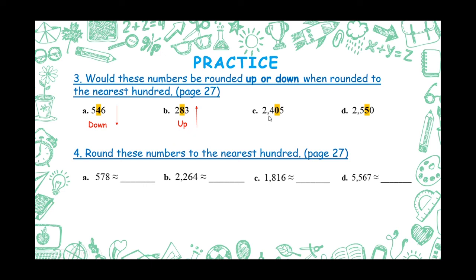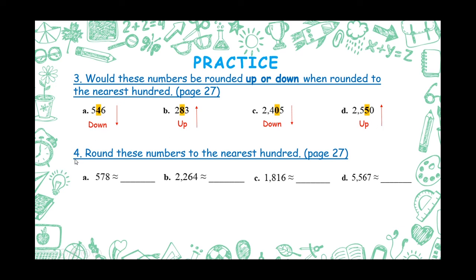Okay. 2,405. We have no tens, 0 tens, so we round down. And D, we have 5 tens. 2,550. 5 tens, we round 5 up. Remember to write the answers in your book.